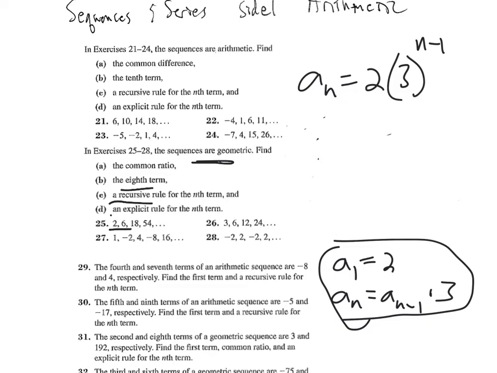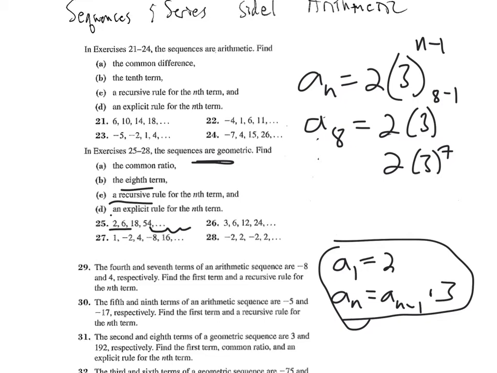They want me to find the 8th term. Well, I could certainly multiply by 3 seven more times, but I could also just say, what's a sub 8? That's equal to 2 times 3 to the 7th. Remember, n is 8. I'll write it down this way, but I'm hoping you can just remember it's 3 to the 7th. And that's going to be a big number because 3 to the 7th is pretty huge.